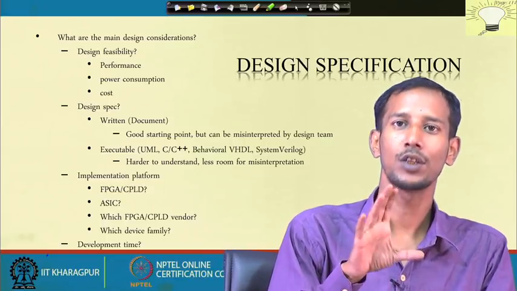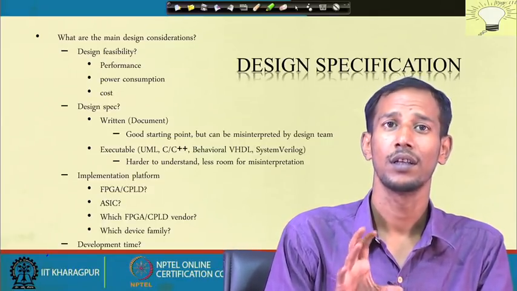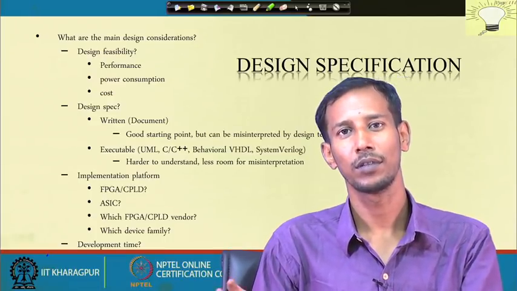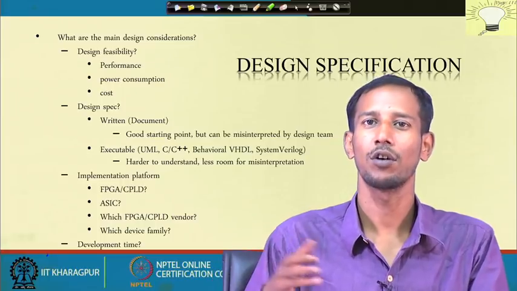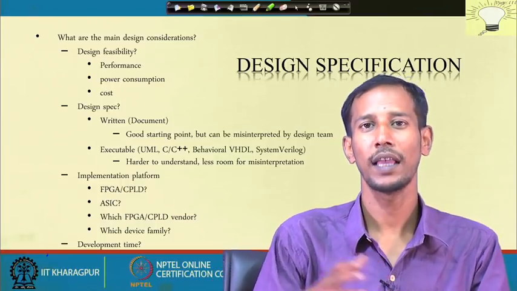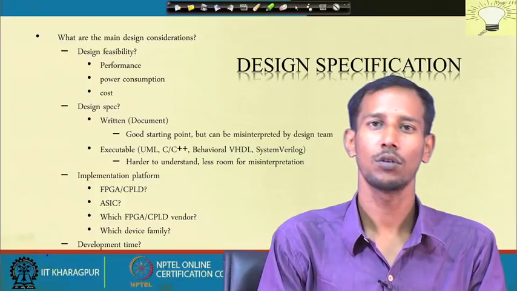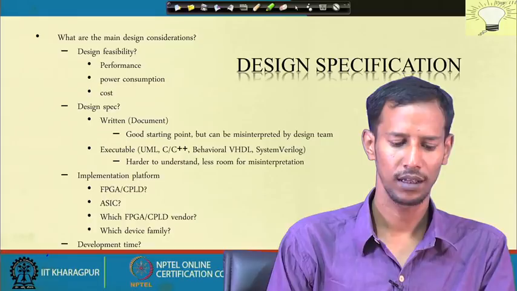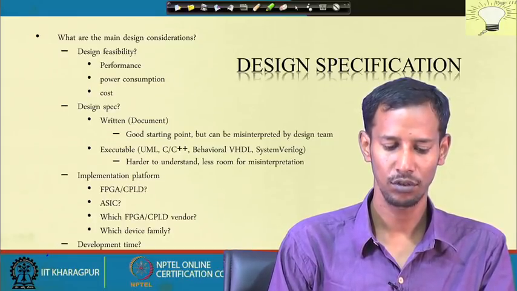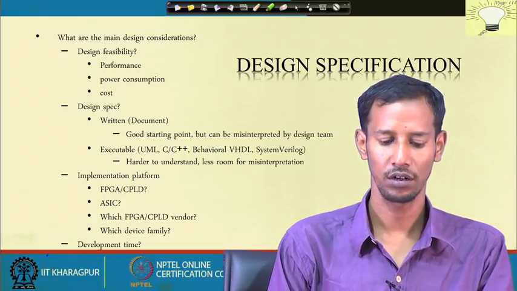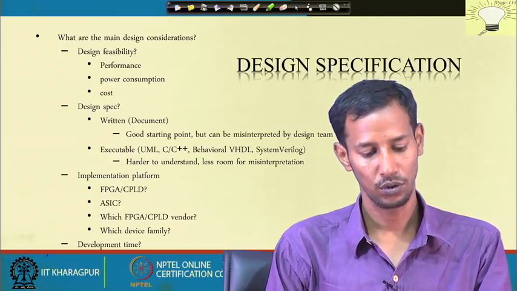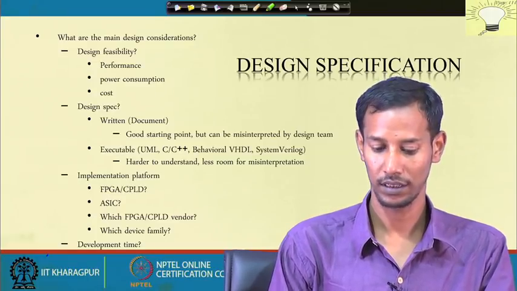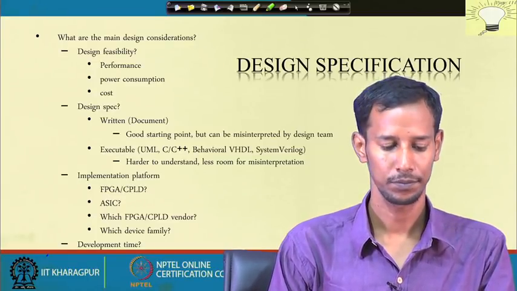So, it should be documented in a good way, so that it is easily accessible to each member of your design team. It can be written in an executable manner, in UML or C language. The problem with that is that it is harder to understand, but there is less room for misinterpretation.